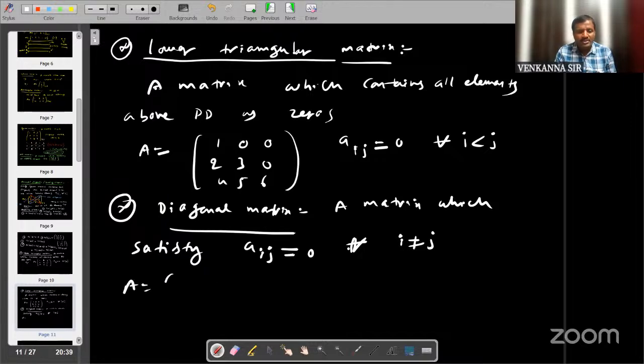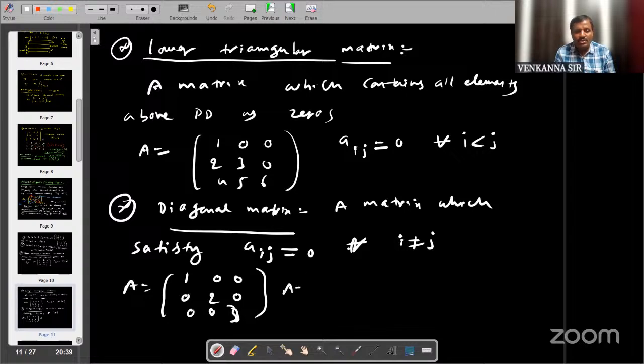If you are taking the example here, 1 0 0, 0 2 0, 0 0 3, this is an example of the diagonal matrix. I not equal to j means non-principal diagonal elements must all be zeros, and the principal diagonal elements may or may not be zeros.